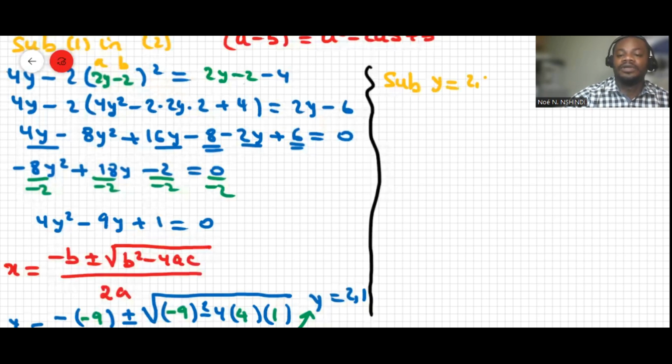Substitute y equal to 2.1 and y equal to 0.1 in x.